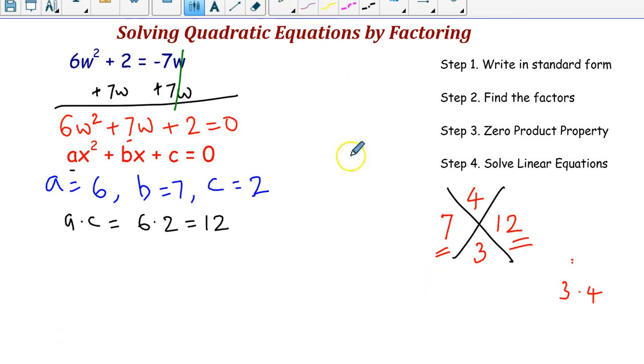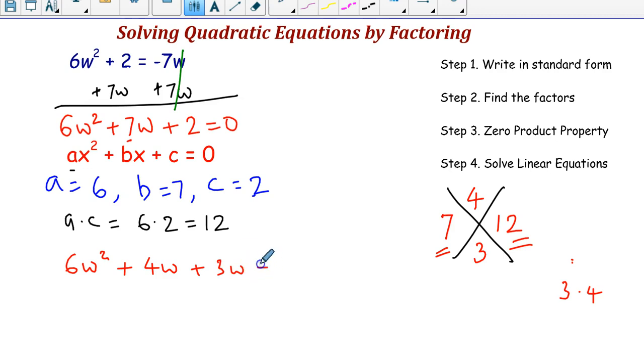Now we will write this equation 6w square plus 7w plus 2 as 6w square. Instead of 7w, I'll write 4 plus 3. That is 4w plus 3w.